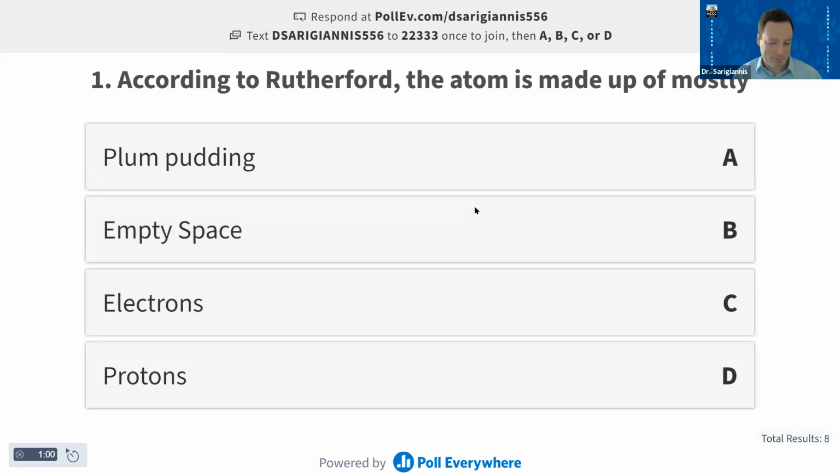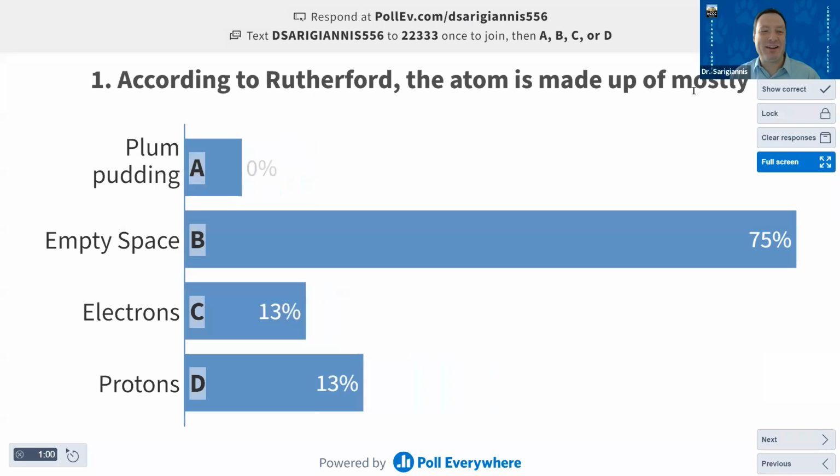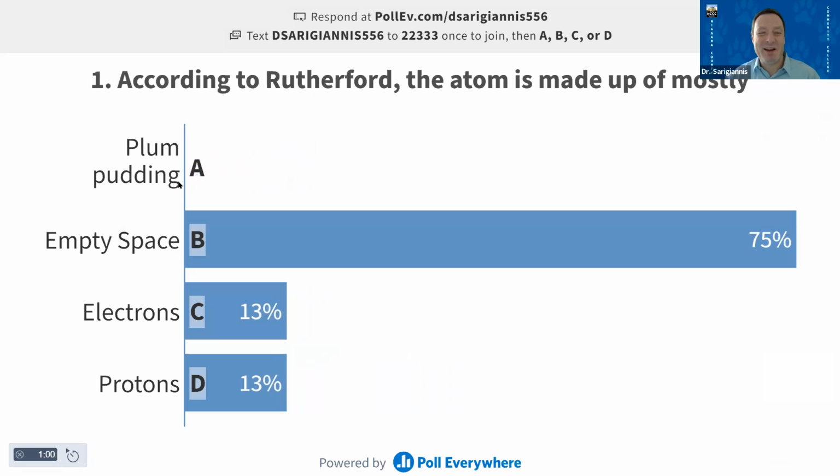Things are activated. Let me clear my answer because that was just wrong. I typed in A, plum pudding. So according to Rutherford, the atom is made mostly of empty space. Yeah, empty space.